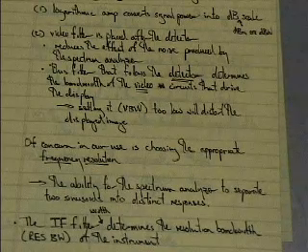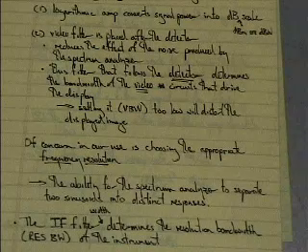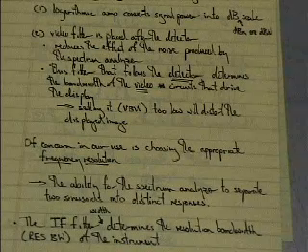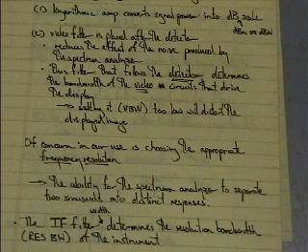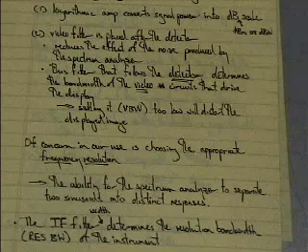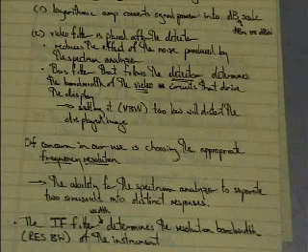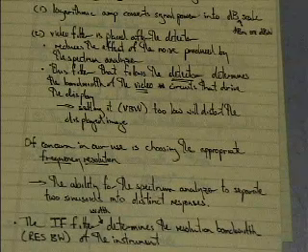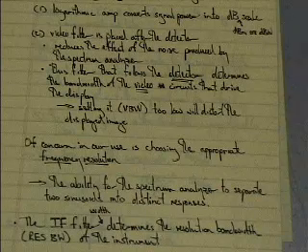Frequency resolution is the ability of the spectrum analyzer to separate two sinusoids into distinct responses. Well, what do I mean by that? Let's say I have two frequencies. One's at 99 megahertz and one's at 100 megahertz.